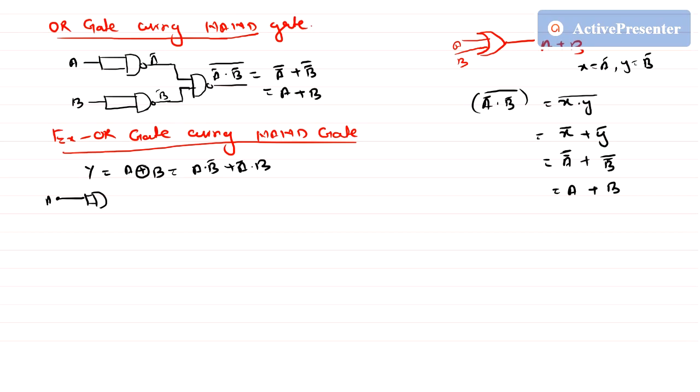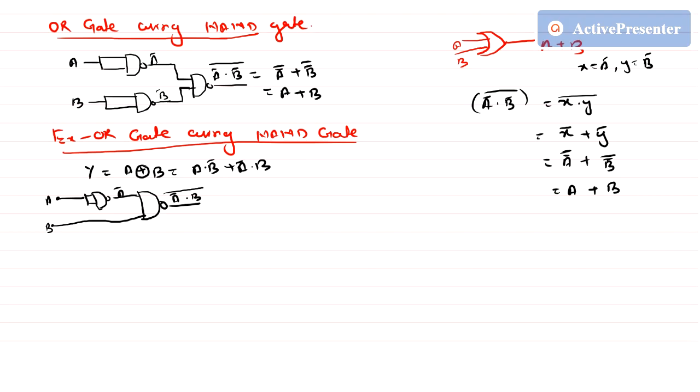I will give A to a NOT gate, so I will get A bar here, and I will take B here. I will give them to a NAND gate. So here what will be the output? A bar dot B whole bar. We got this.